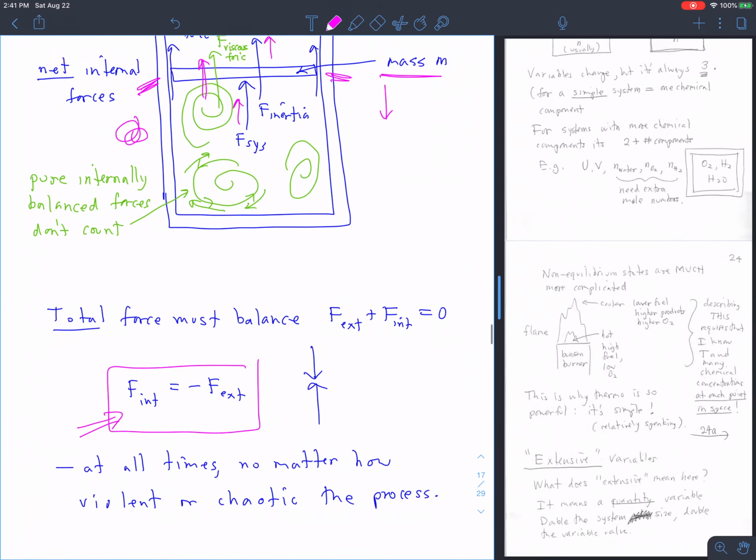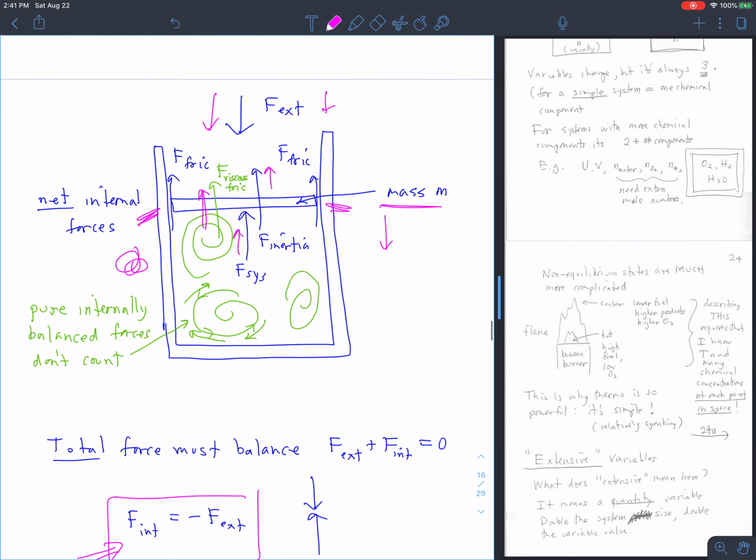But if we want to calculate how much the system energy is changing, either a finite change or a small change, then the only thing that matters is the external force. The work done by the external force is the part that changes the system energy. If the external force does work on the system, then the system gains energy. If the external force has work done on it by the system, then the system loses energy.